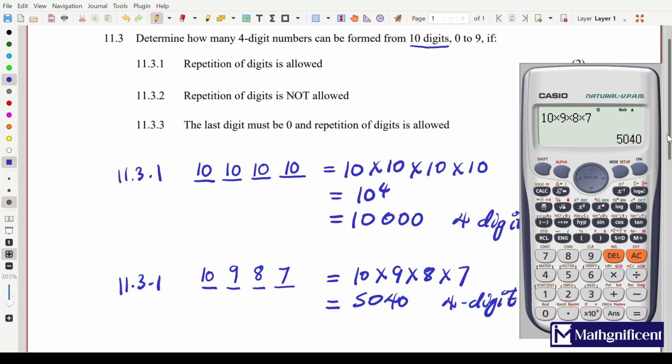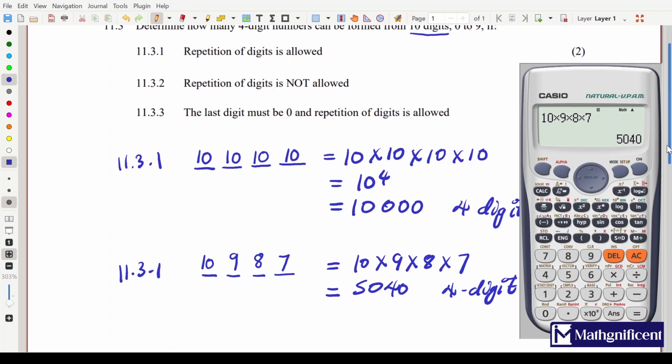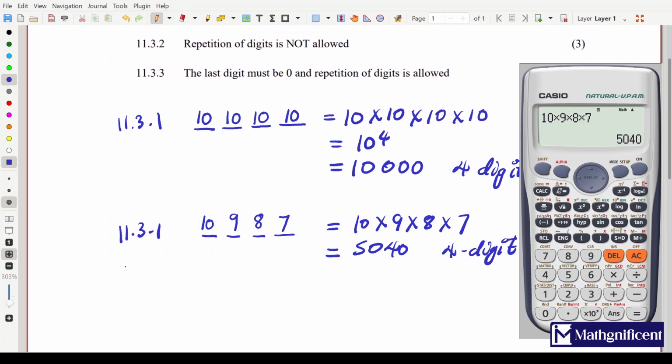So now let's have 11.3.3. It says that the last digit must be 0 and repetition of digits is allowed. So we still have 4 digits, 1, 2, 3, 4.